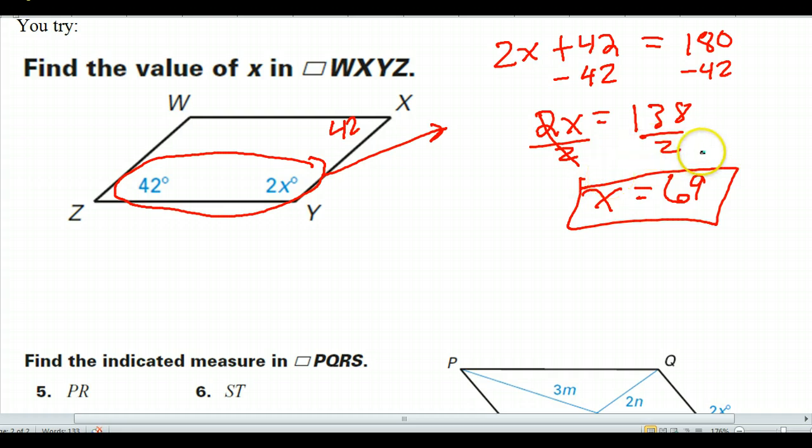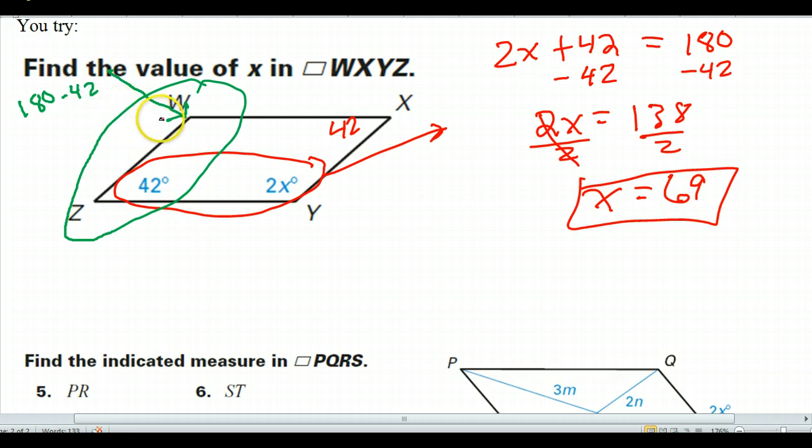Now, listen carefully. I want you to understand and hear the way Jill did it, though, which was also good. So we're done with that, but here's another way to look at it. Jill looked at the consecutive angles Z and W, and she understood that those would be supplementary. So how did she find angle W then? You could just do 180 minus 42.